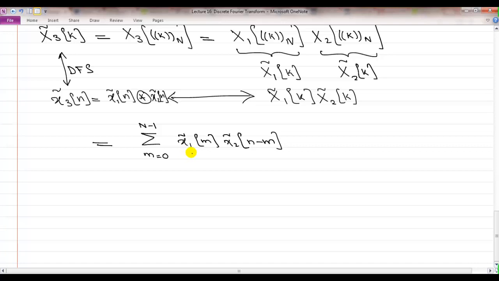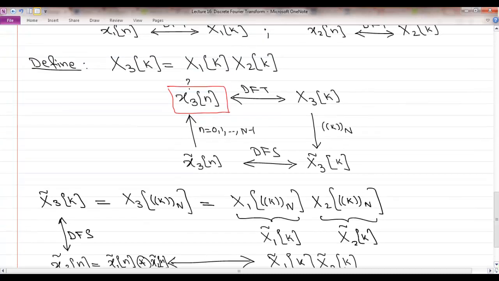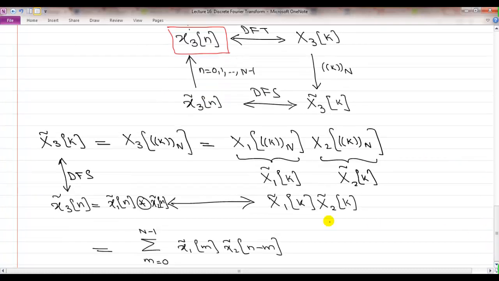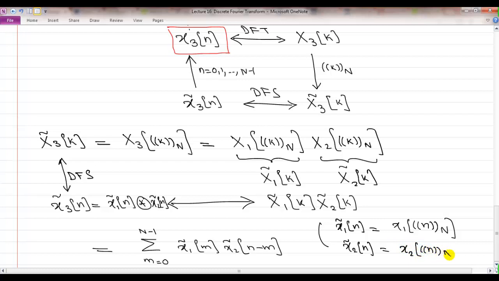Now for this x1 tilde of m, we start putting in the values. If you go back to the picture, the time domain sequences are related through periodic extensions. So x1 tilde of m is nothing but the periodic repetition of x1 of n, and x2 tilde of n is simply the periodic repetition of x2 of n.